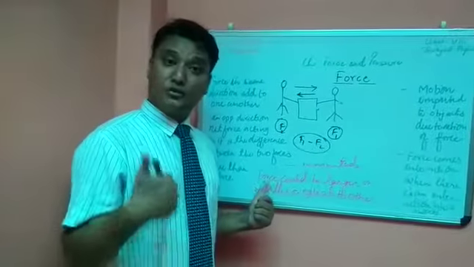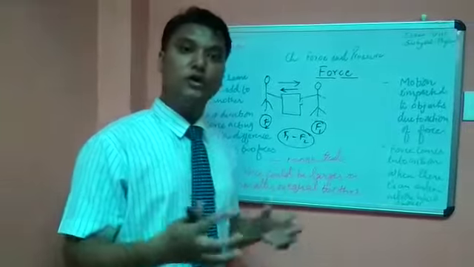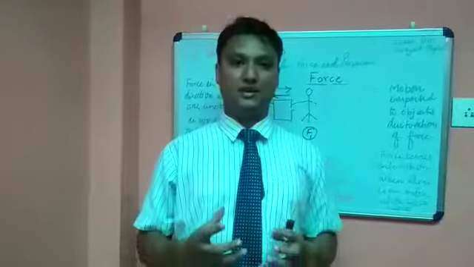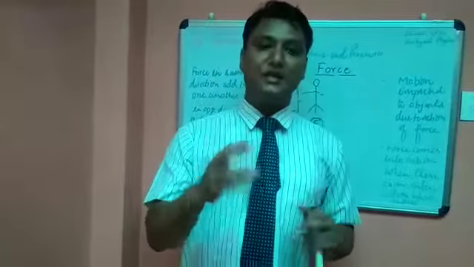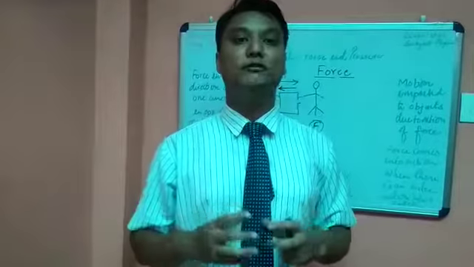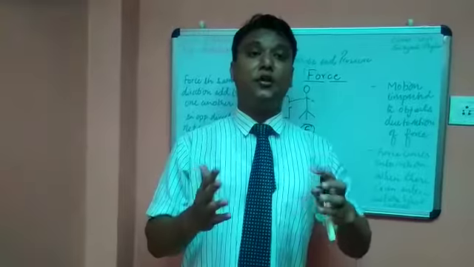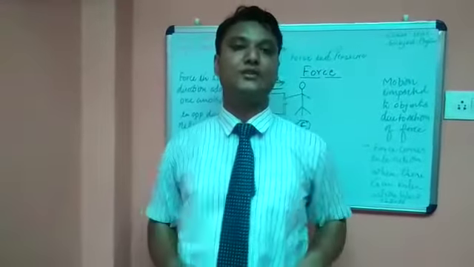Now, we can say one force could be larger or smaller than the other, or it could be equal. How would it be equal? Let's see. You have played a game called tug of war in your school. What happens? Sometimes the force is greater on one side, so the rope goes to one side.